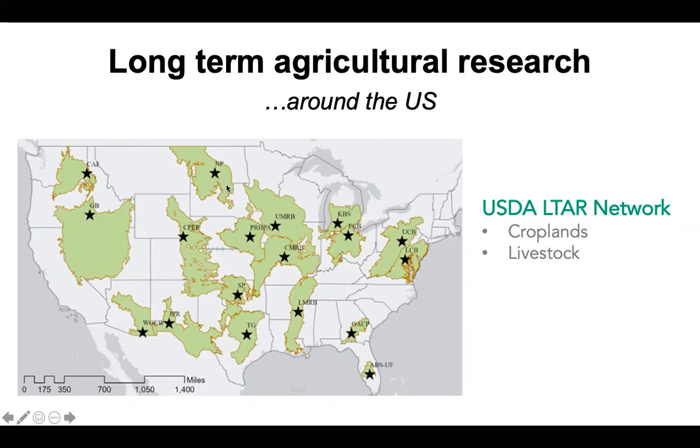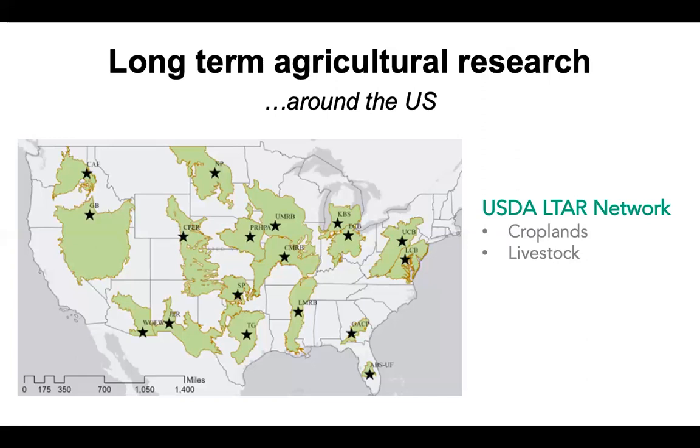Different places grow different crops, but they do have some commonalities among them. That way we can make inference, we can have research questions and understand what's going on across the country through this long-term network. It's been around for about 15, 20 years now.